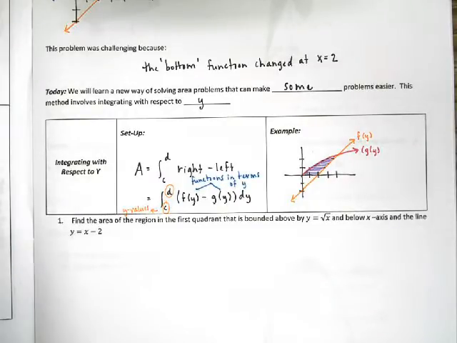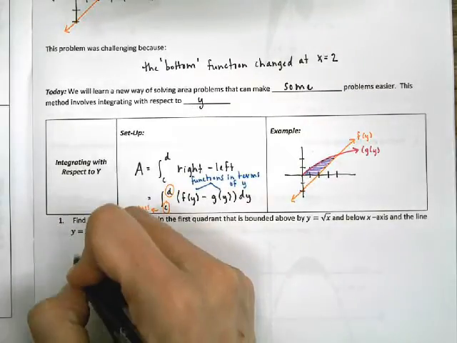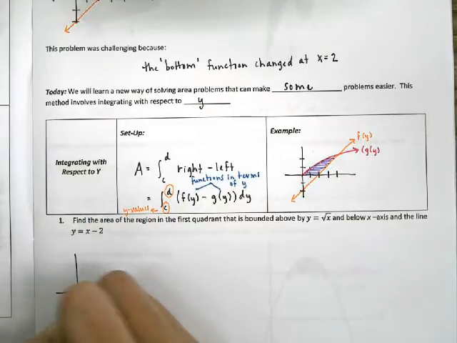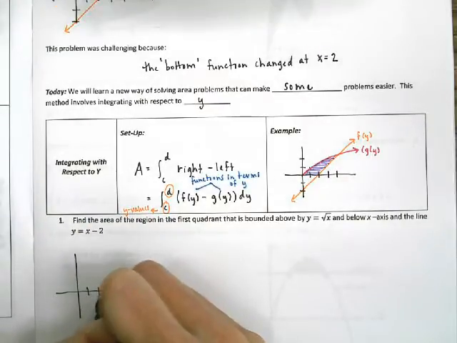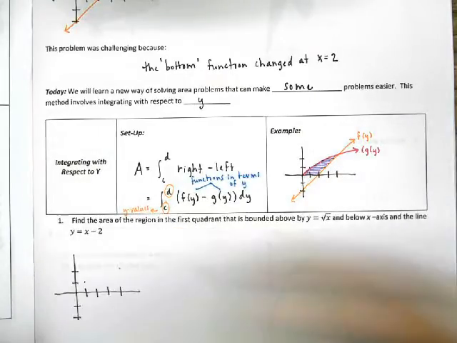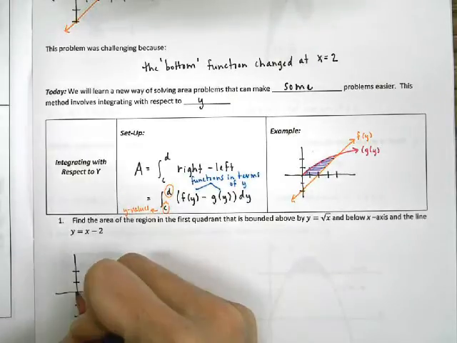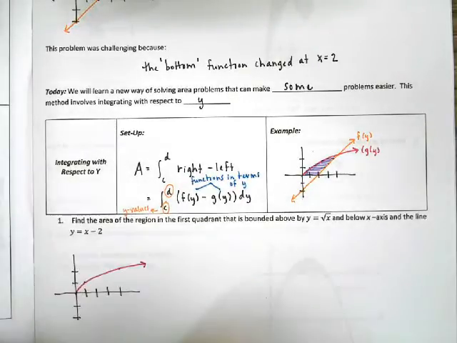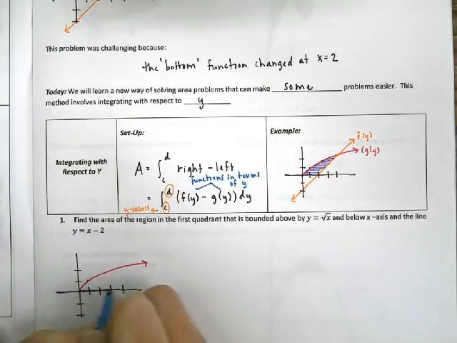So again, we're working with the same function, but we're going to do it with respect to y. And I'll step through this as we go. So I'm going to graph this for the third time here. Okay, so first one we had was y equals square root of x. We knew one of our boundaries was the x-axis.